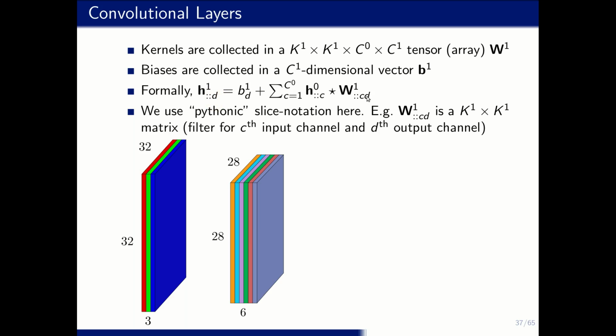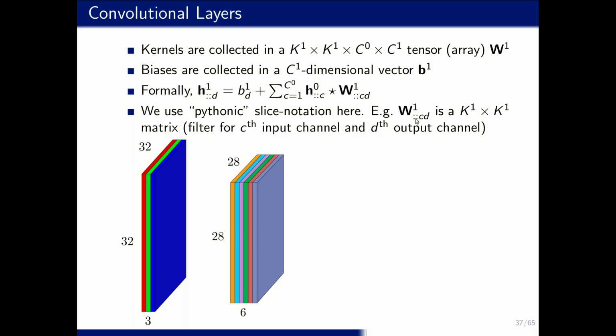So we take now this. If we fix D, this will be a 3-dimensional tensor. If we fix C, this will be a matrix. So for each D, we apply this multi-channel convolution and add a bias term. This is formally how we go from the zeroth feature map to the first feature map. We use this Pythonic slice notation here.